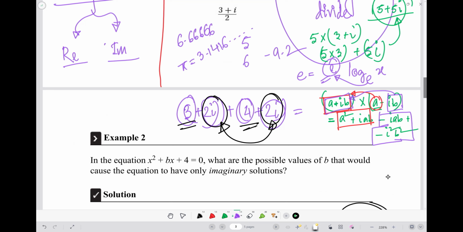So if you think about it, this iab and negative iab are cancelled by each other. And the final term that remains is a squared minus i squared b squared. And we already know i squared equals -1, right?